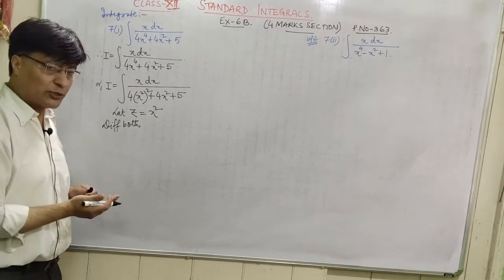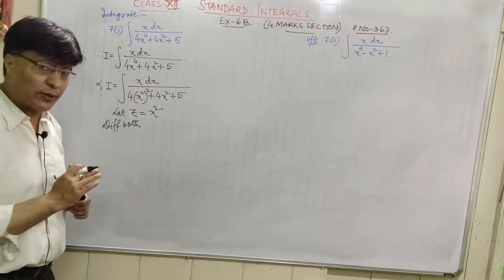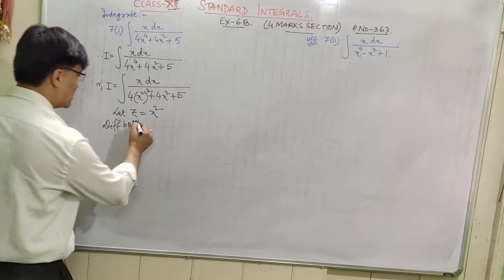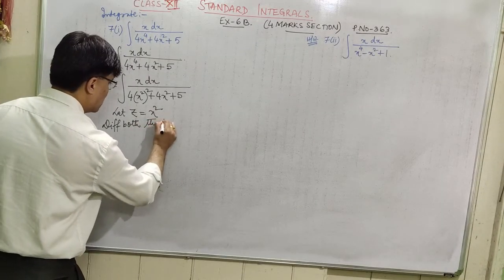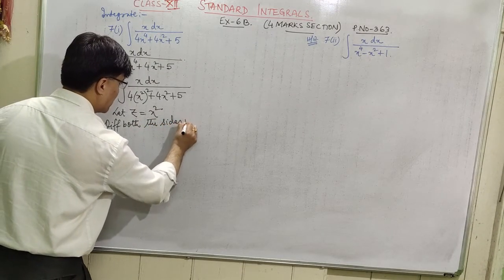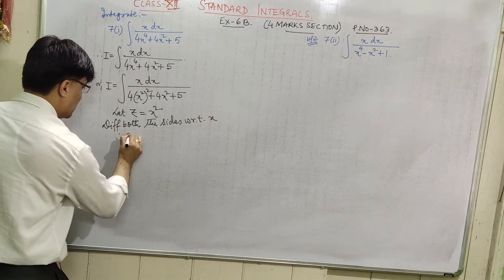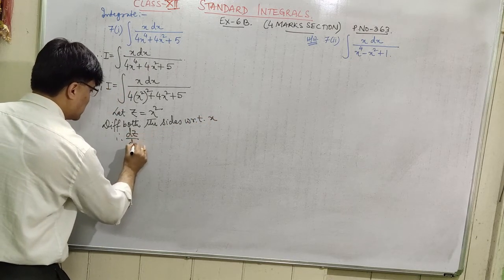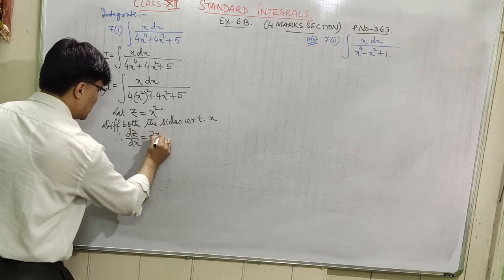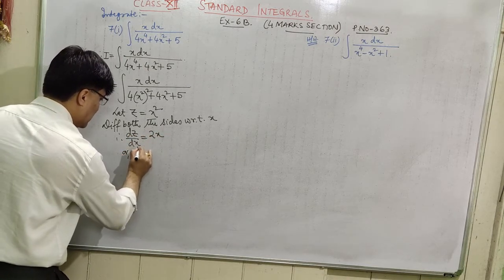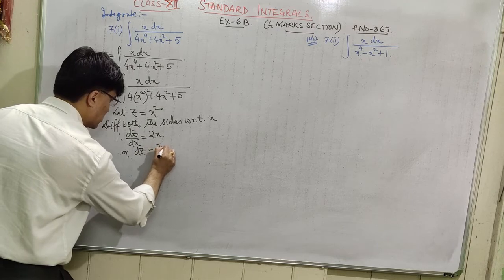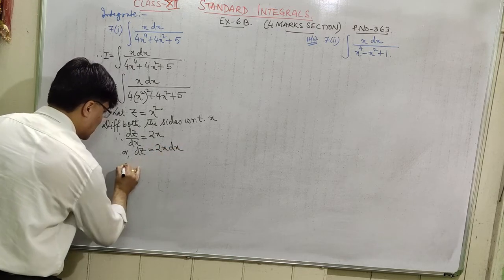We are putting z is equal to x square, so you have to differentiate both the sides with respect to x. So differentiating both the sides with respect to x, it is dz by dx is equal to 2x, cross multiply, or dz is equal to 2x dx.